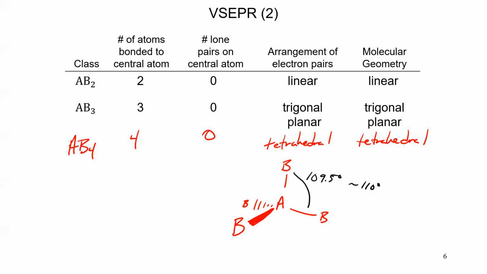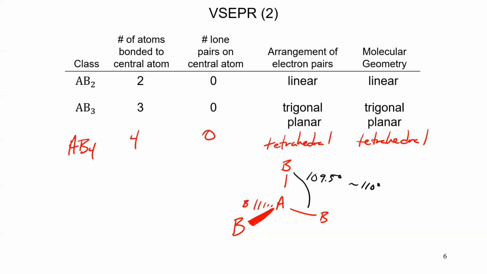Well, now that we're up to 4 bonds, we're happy, we have our octet. And so there are a whole heck of a lot of compounds that have this tetrahedral electron pair arrangement, right? Again, the reason being that this is where we start having that full octet, and we don't have an expanded octet, right? 8 electrons is the most that lots of atoms want.